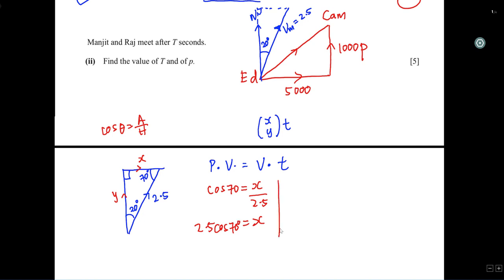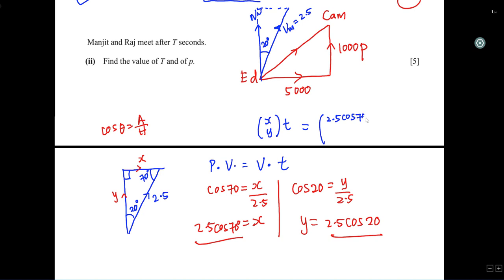I will do the same thing for y. In order to get y, I have to use cos 20. So cos 20 equals y over 2.5, so my y equals 2.5 cos 20. This is my velocity. So I get the x and y. If I write my velocity over here, my x is 2.5 cos 70, and my y is 2.5 cos 20.